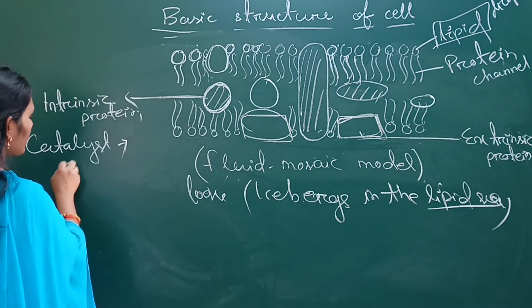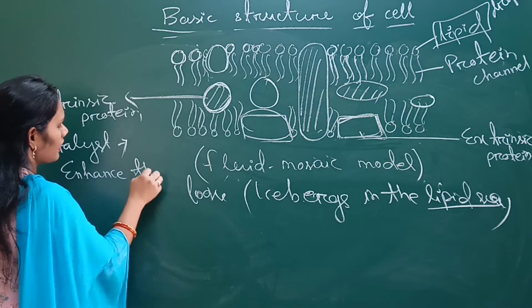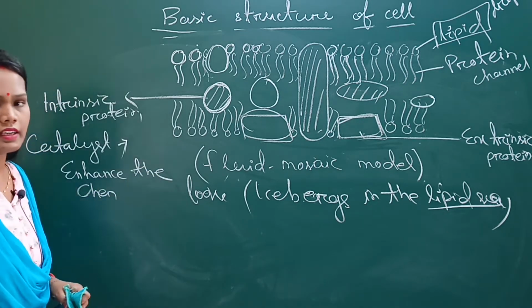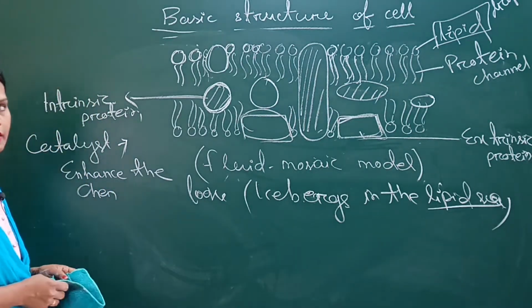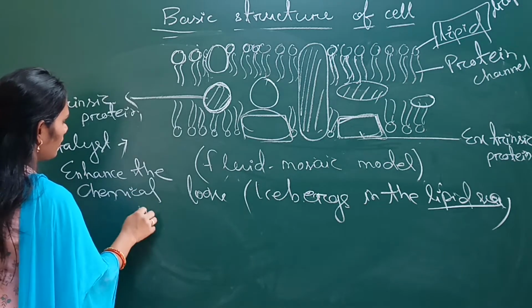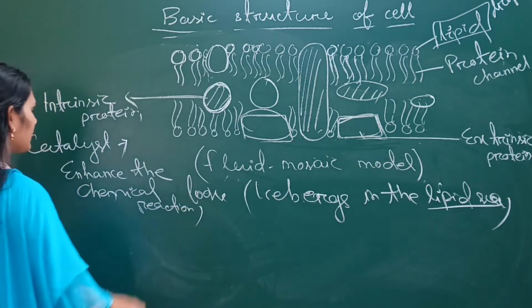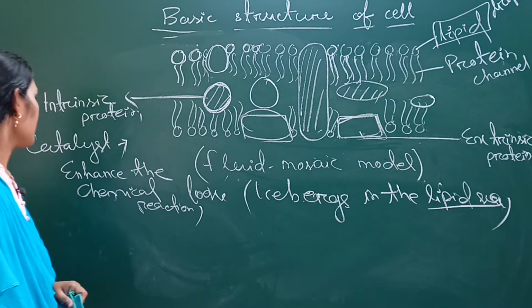It enhances the chemical reactions which occur within our cells, the metabolic activities, the respiratory activities, etc. So it functions like a catalyst which enhances the cellular chemical reactions in the cell.